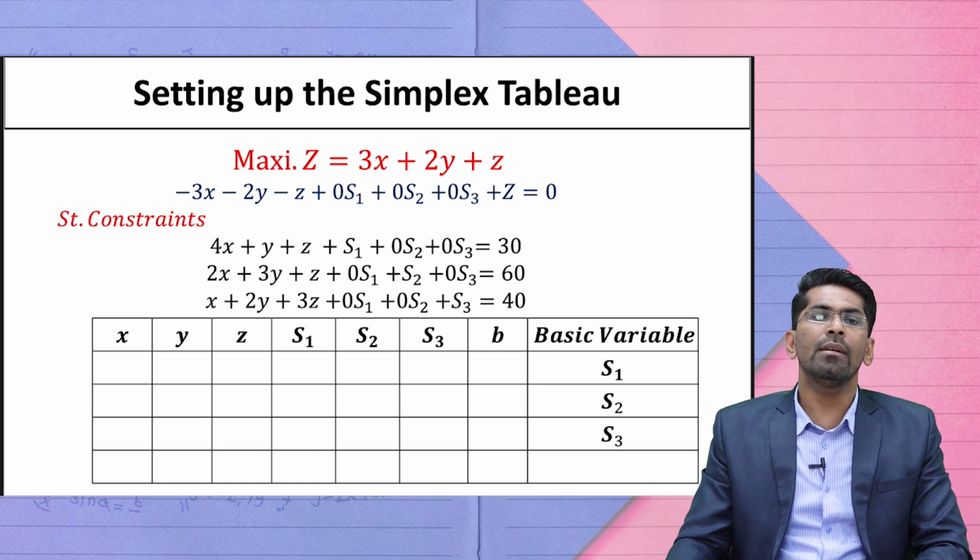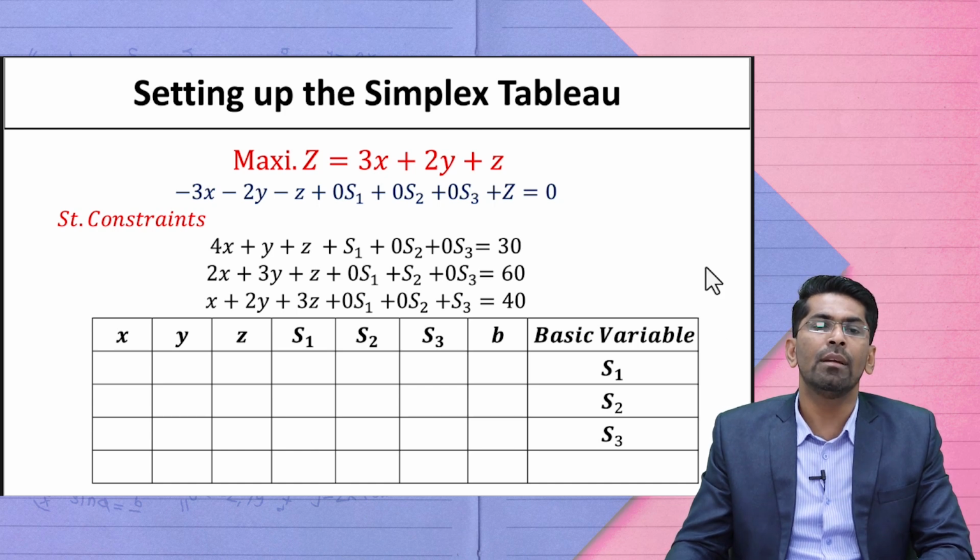Now after setting up the simplex table, we are going to represent these coefficients in the table. We are going to give the coefficients of each constraint. The first constraint will be in the first row, the second one in the second row, and the third constraint in the third row, and the last row will consist of the objective function coefficients.